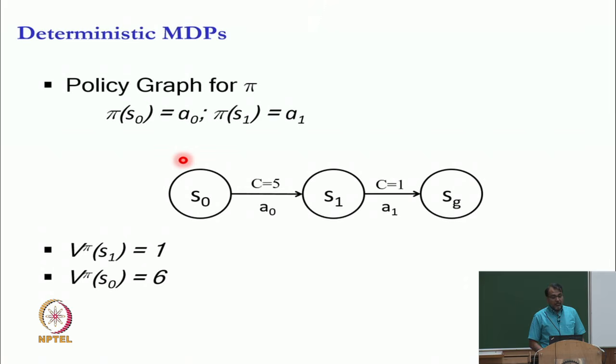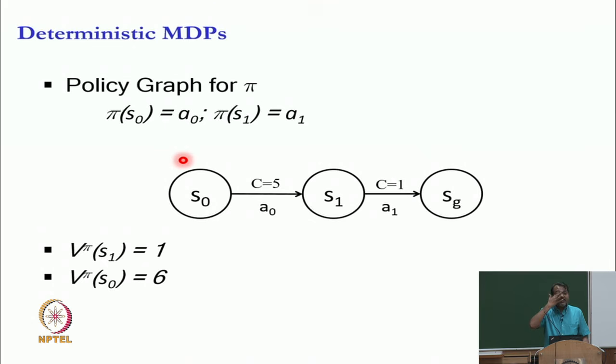In S0 you have to pay cost 5, you get to S1, in S1 you have to pay cost 1, you get to the goal. So, then you can easily compute V pi of S0, S1 and goal. What is V pi of goal? 0. How much cost do I have to pay to reach the goal? Nothing, I am already in goal.